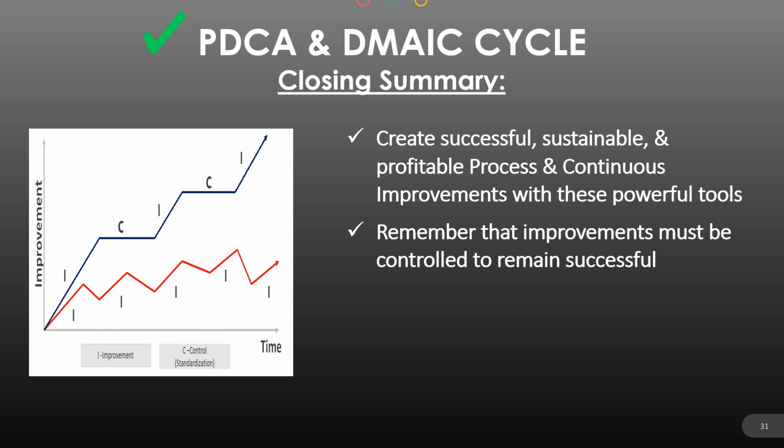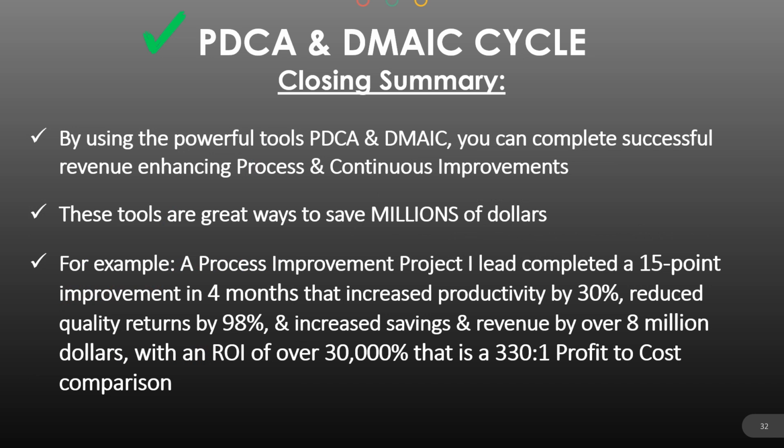Remember that improvements must be controlled to remain successful. By using the powerful tools of PDCA and DMAIC, you can complete successful revenue enhancing process and continuous improvements. These tools are great ways to save millions of dollars.